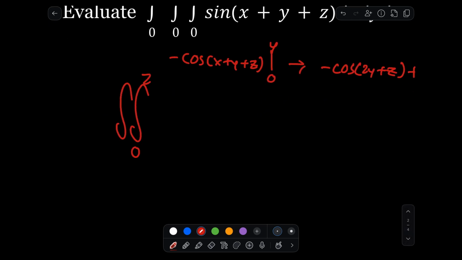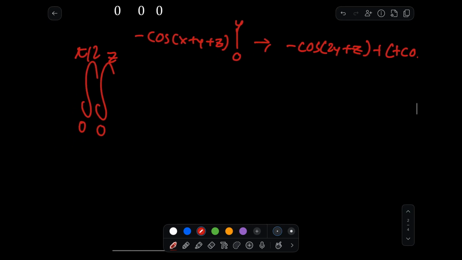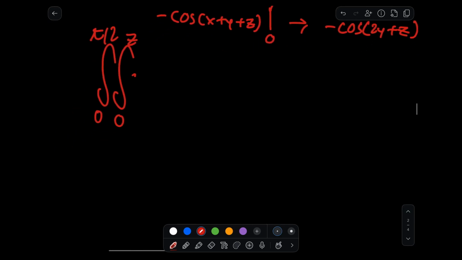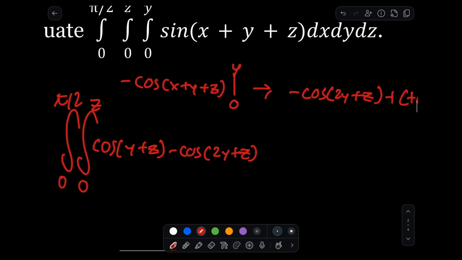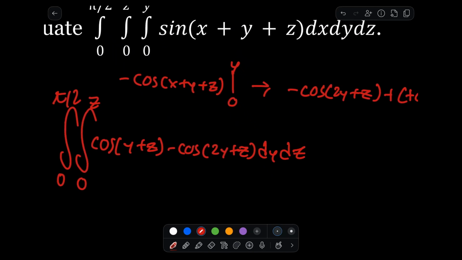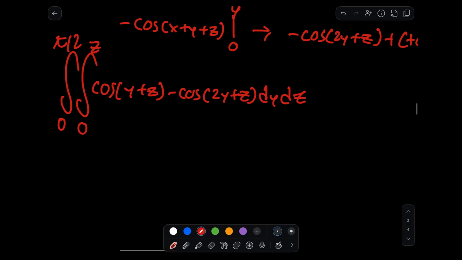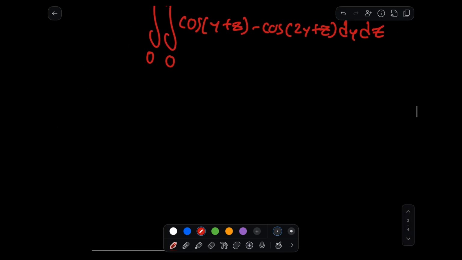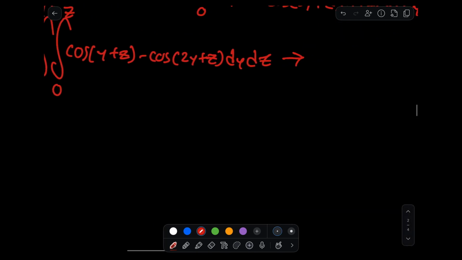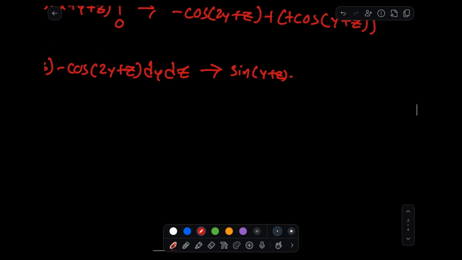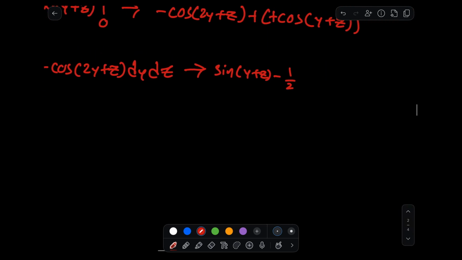And now we have our new double integral we can operate with. So we have from 0 to z and from 0 to pi over 2 of cosine of y plus z minus cosine of 2y plus z, dy dz. Perfect. Now again, we just have to take the antiderivative of this, which will be sine of y plus z minus 1/2.